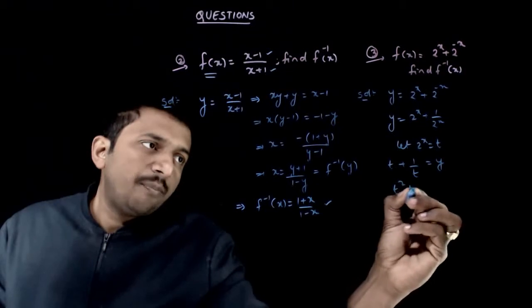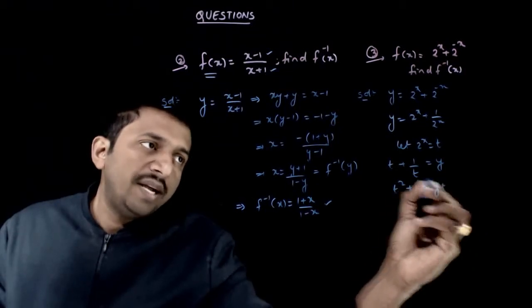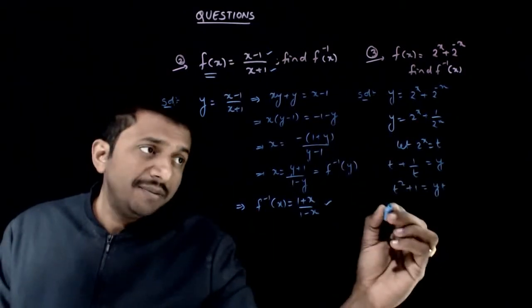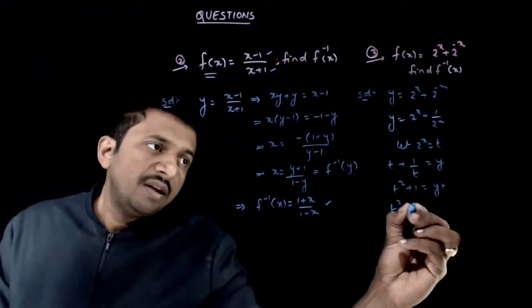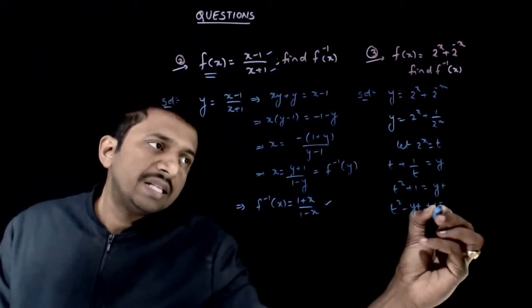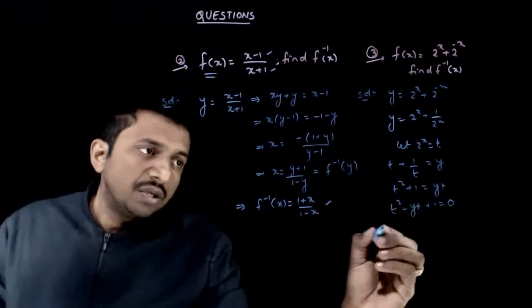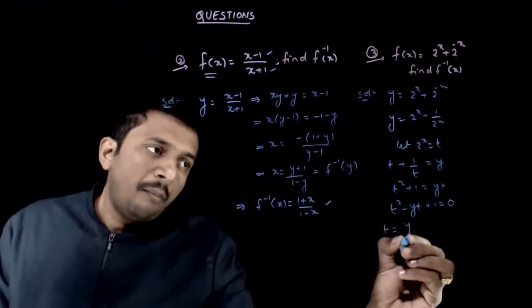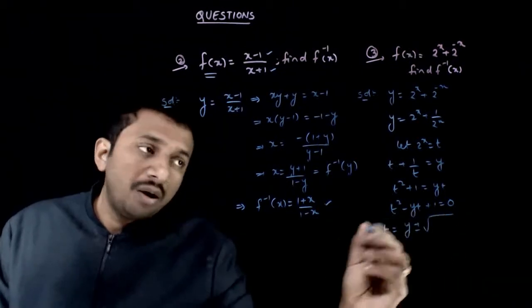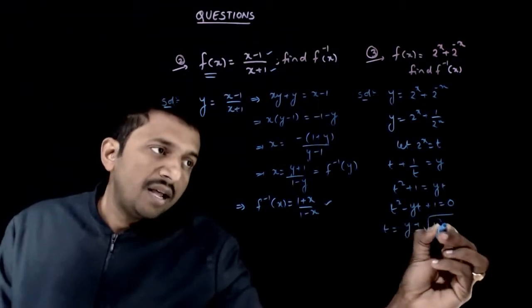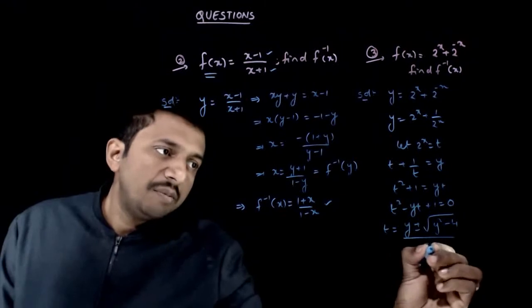So t square plus 1 has to be equal to yt by cross multiplication and LCM. So t square minus yt plus 1 has to be equal to 0. This is a quadratic in t. So t is equal to minus b plus or minus root of b square minus 4ac by 2a.